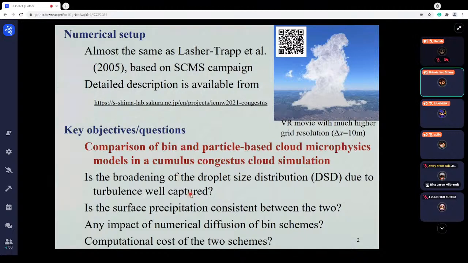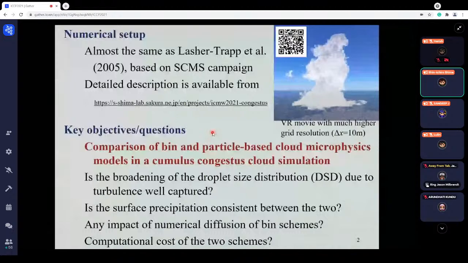This is a summary of the key objectives of this project and the scientific questions. The key objective of this study is to compare the bin and particle-based cloud microphysics models in a realistic turbulent flow of a single cumulus congestus cloud.